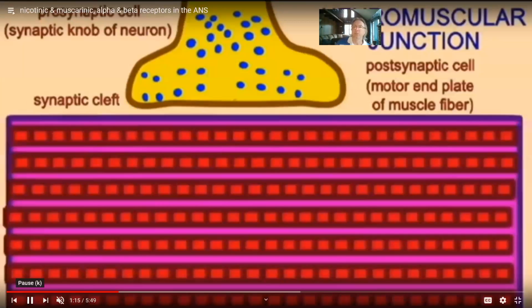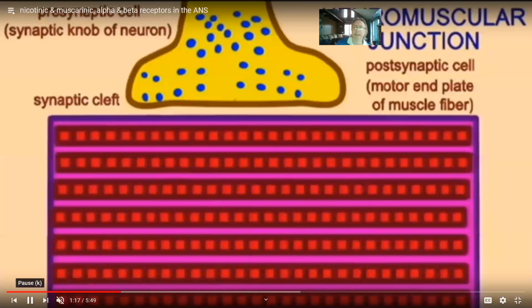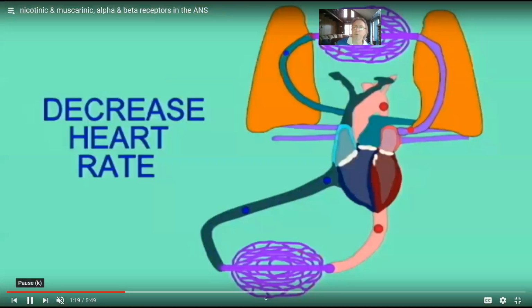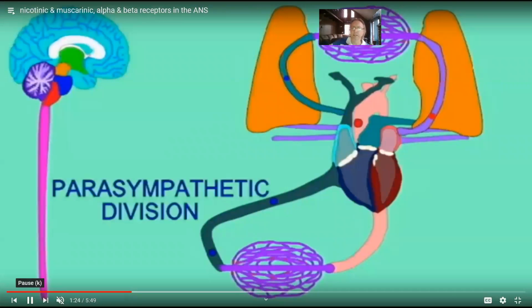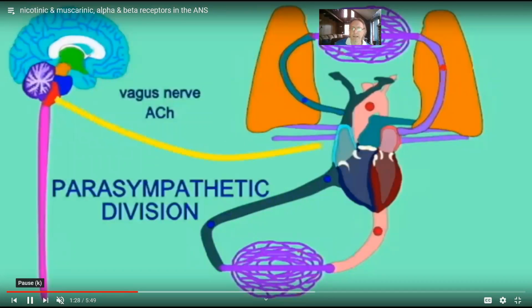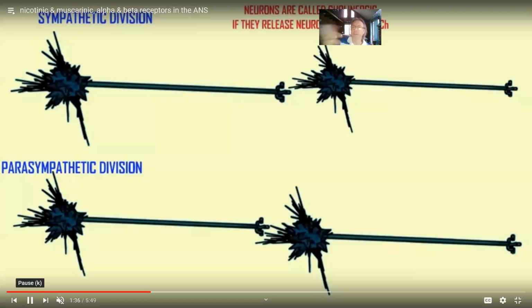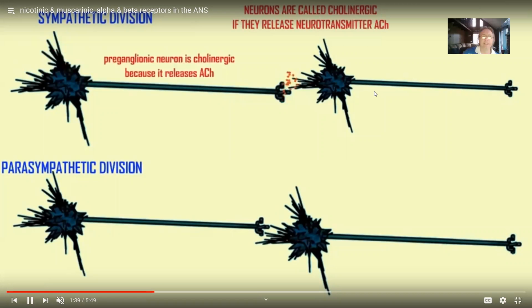But acetylcholine, the same message, will actually inhibit cardiac muscle and decrease heart rate. So when we want to slow down heart rate, the vagus nerve releases acetylcholine. Or I'm sorry, it's the postganglionic cells after the synapse. So therefore, these receptors matter.